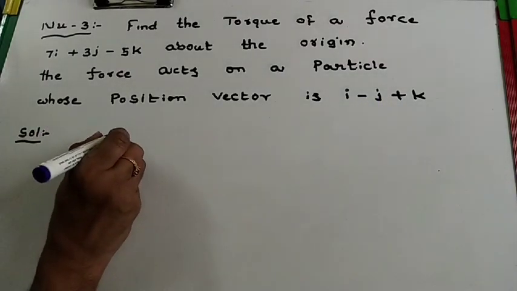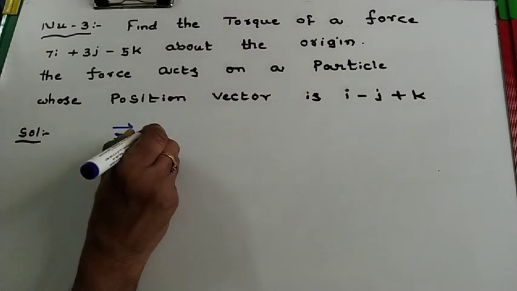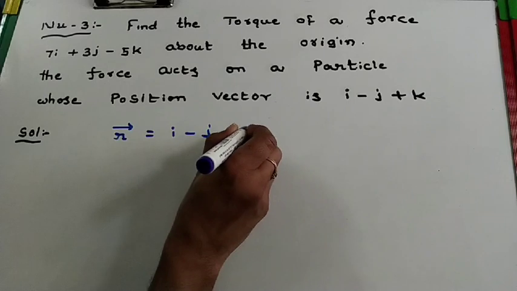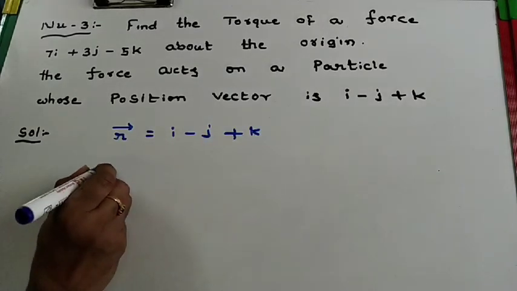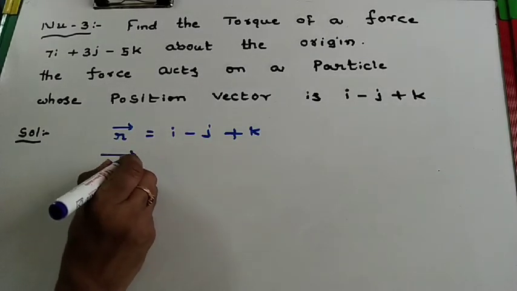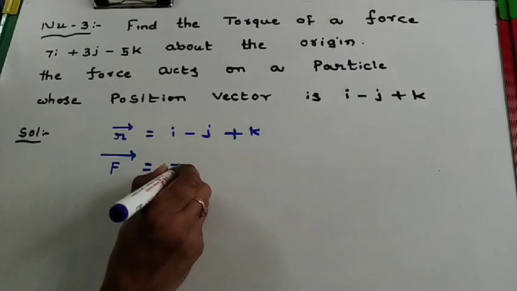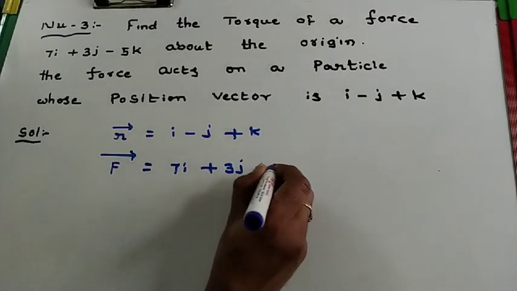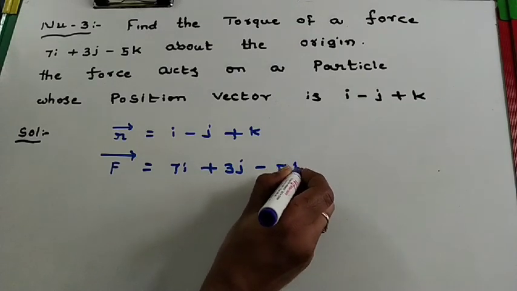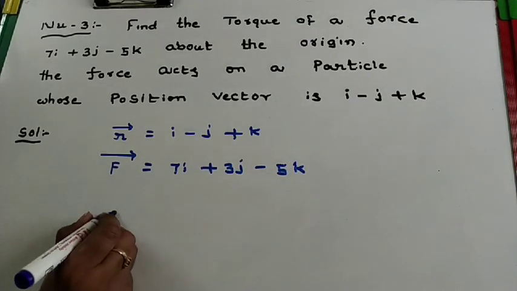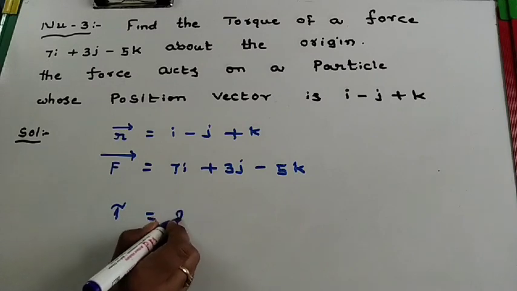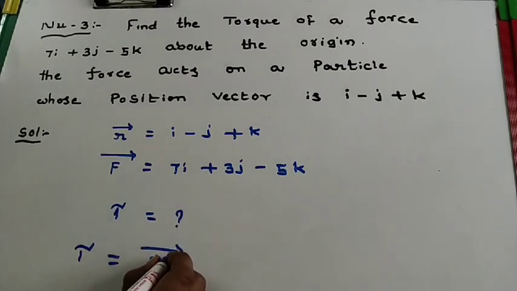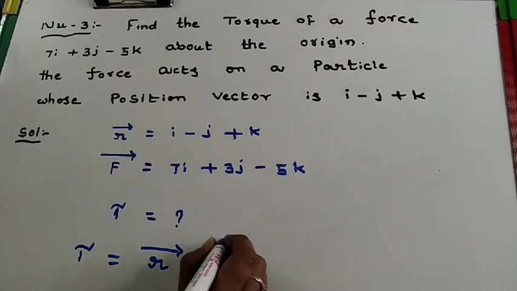Therefore, given position vector r is equal to i minus j plus k and the force F is equal to 7i plus 3j minus 5k. Now, what is the torque? The torque is equal to perpendicular distance into force.